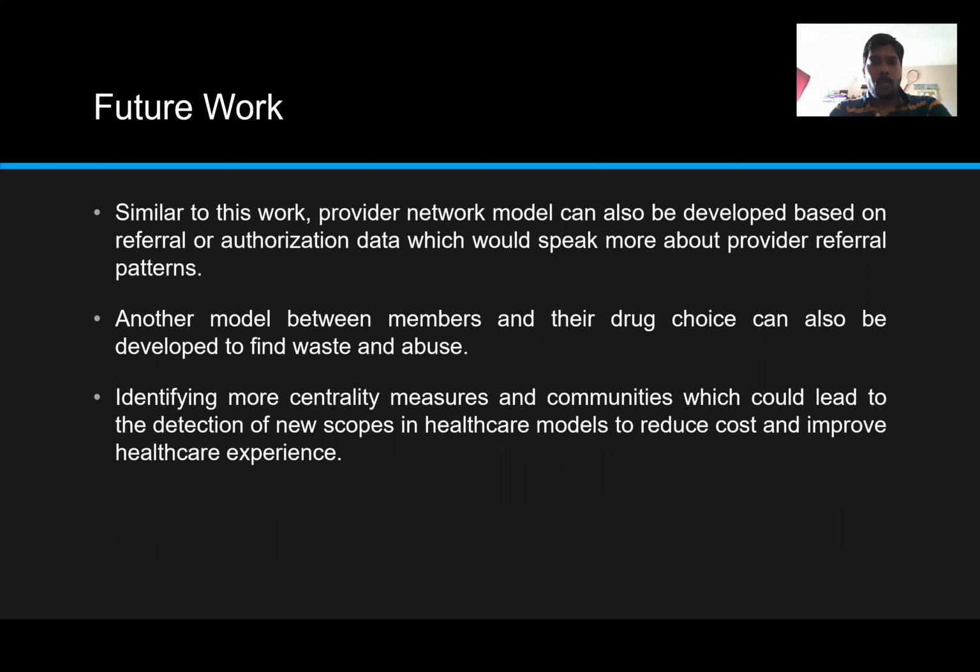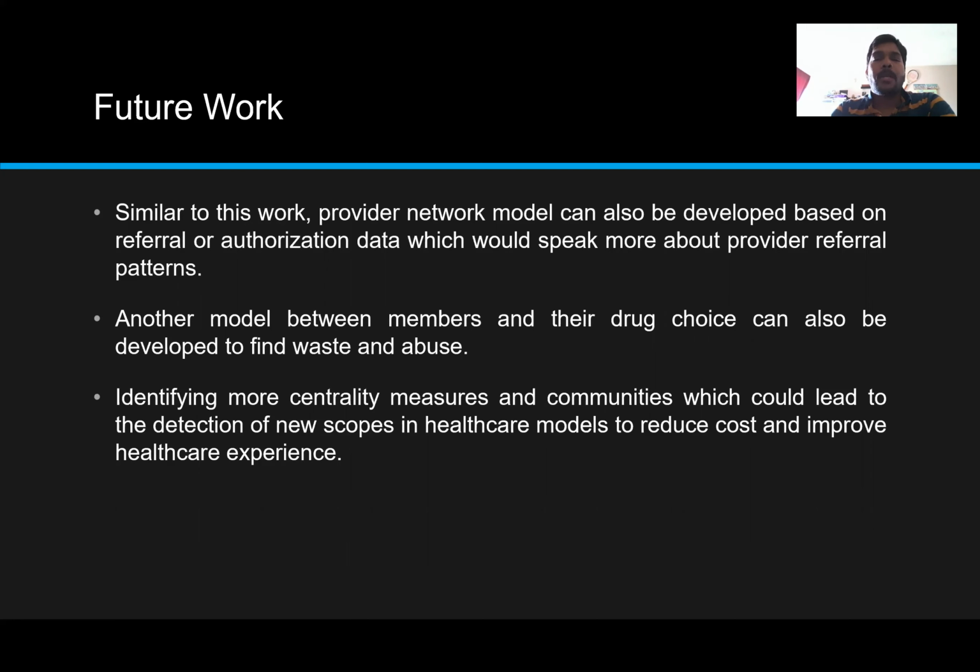Coming to future work for this project, similar to this work, we can remove the members and have a provider network alone. Instead of using claim data, we can use referral or authorization data, which will have the referrals between providers, and then analyze how the referral pattern works, and whether the referral pattern is really needed or is a fraudulent pattern.